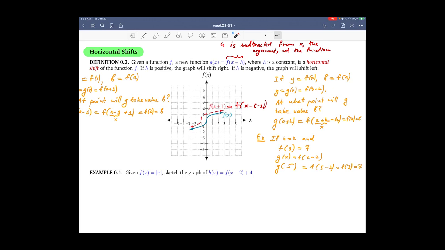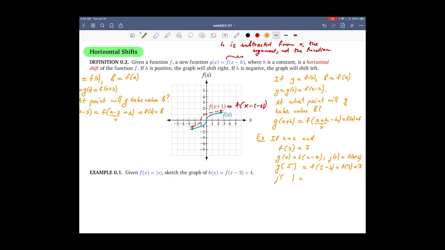And subtracting a negative h from the argument of f, or which is the same, adding a positive h to the argument of f, makes g lag behind f. If we consider the function j of x being f of x plus 2, and you ask the same question about j, at what point will j take value 7?